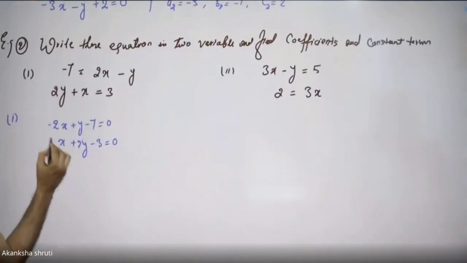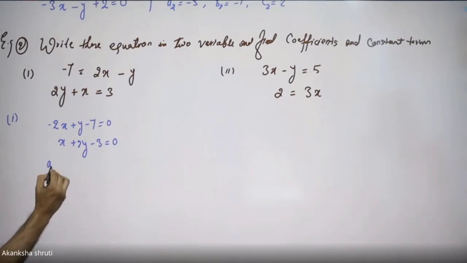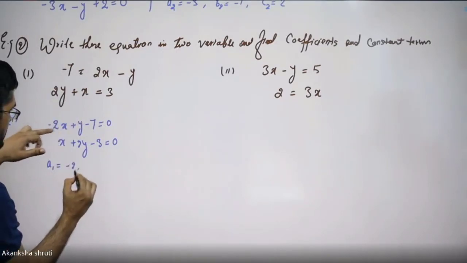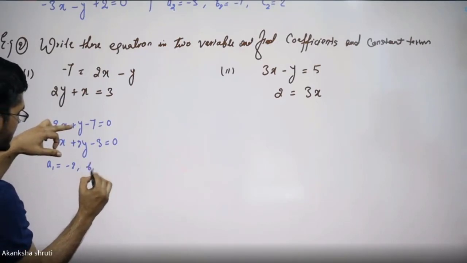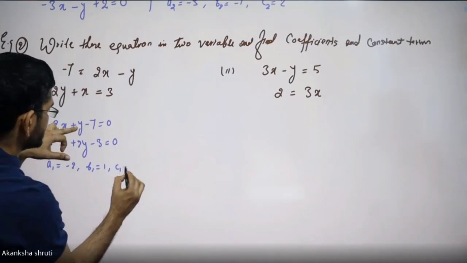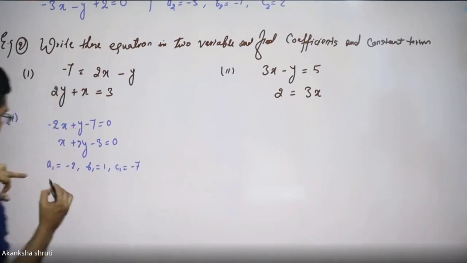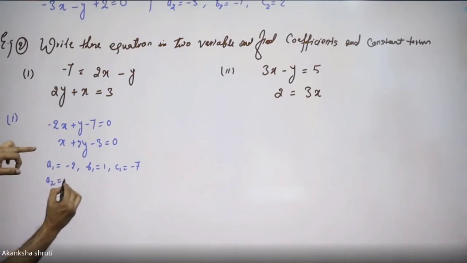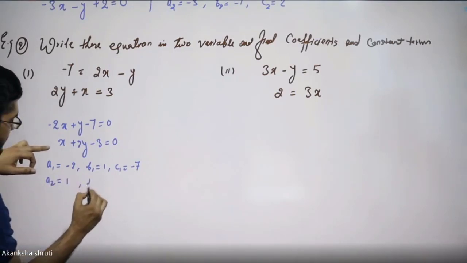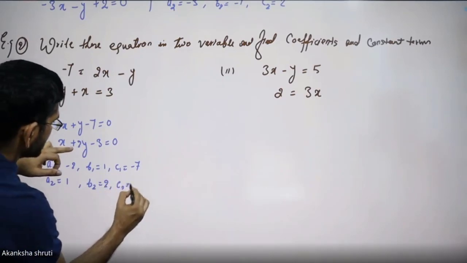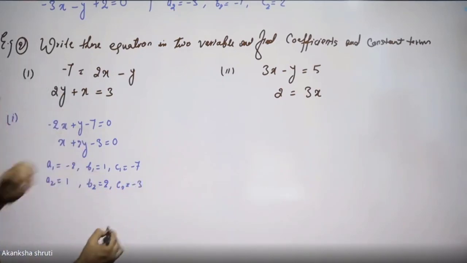From here we can write the coefficient a1 from the first one as minus 2, b1, the coefficient of y, as 1, and c1 as minus 7. For the second equation, a2 is 1, b2 is 2, and c2 is minus 3. So very easy to find.